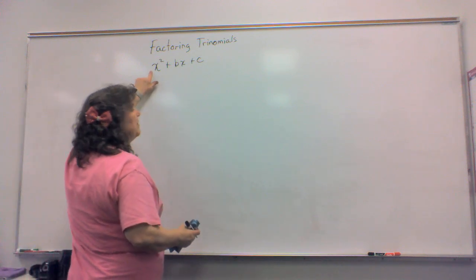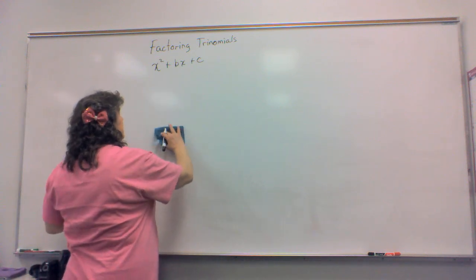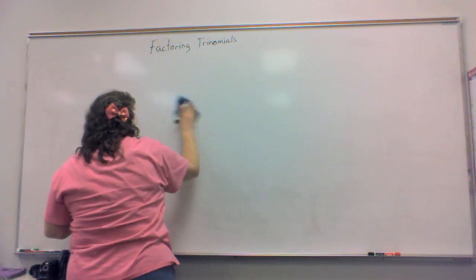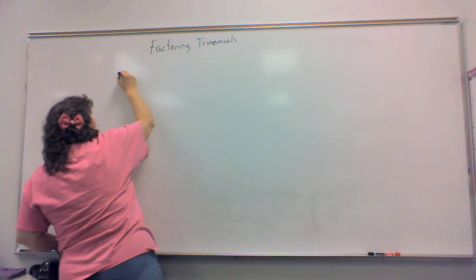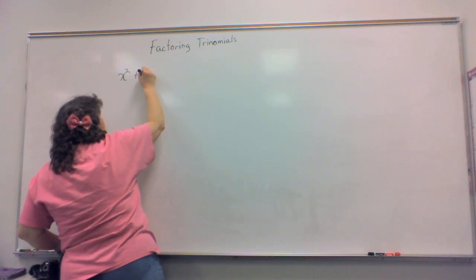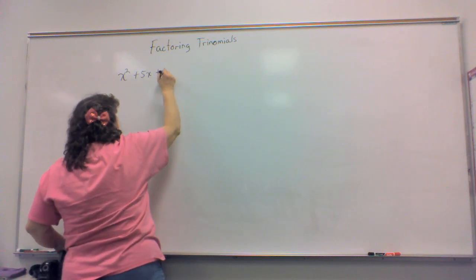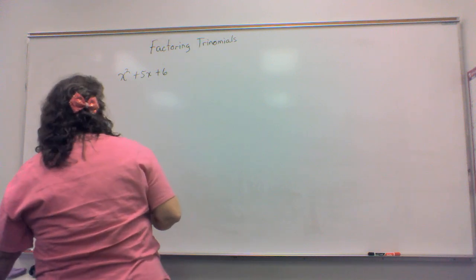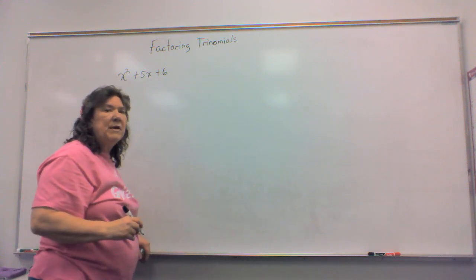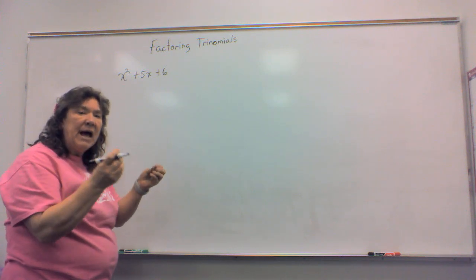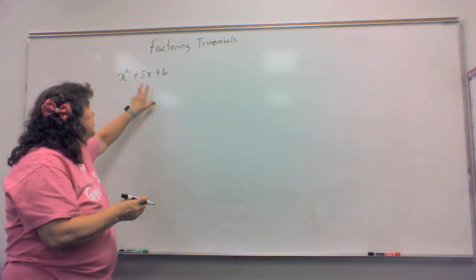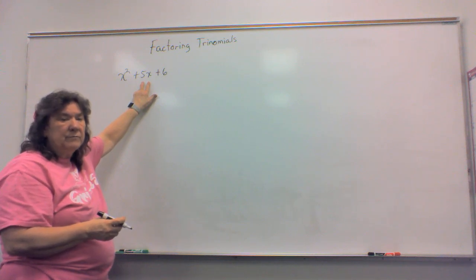The number in front of the x squared is a positive 1 if it's simple. Okay, so let's look at these. Here's my first example: x squared plus 5x plus 6. How do we factor these? Well, remember, we just multiplied some binomials together, and we added the two middle terms to get this middle number here.